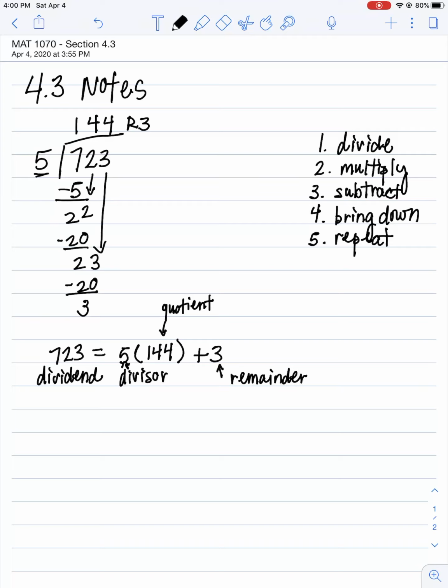And this little 3 over here is called the remainder. Why am I making this a big deal? Because you have to be able to understand this vocabulary in order to understand this section, because my math lab recognizes this.